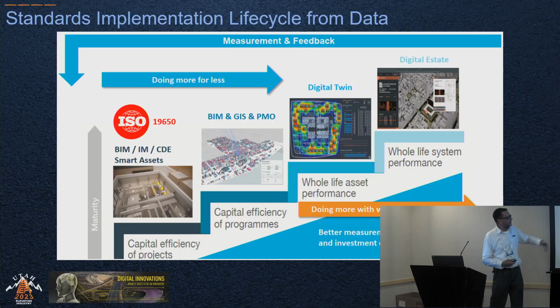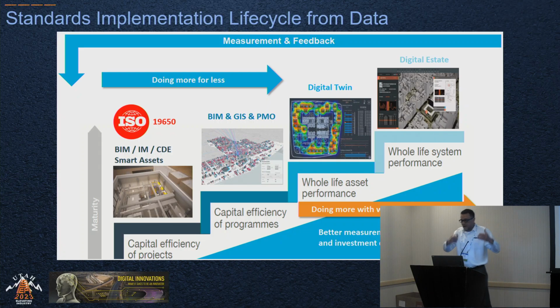So what we've done, starting at ISO 19650, is we go through what we call smart assets and their capital efficiencies, and we developed this for our projects in the UK and over in Asia. But we call it a digital estate, where we take the BIM, the GIS, the PMO information. Again, to us, that leads to the digital twin.